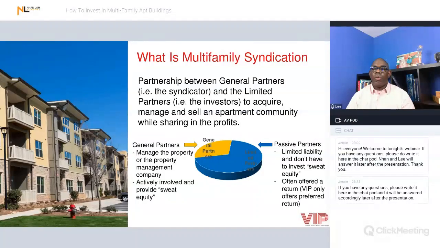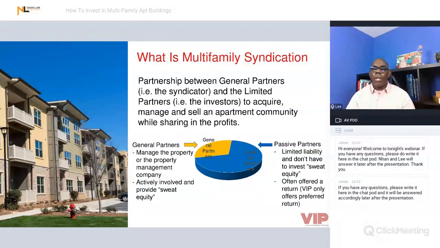They're responsible for conducting and completing all of those due diligence items that we spoke to several slides back. They will be responsible for managing the property and executing the business plan, and actively involved in providing what could be considered the sweat equity. So in order to make that happen, they need a pool of limited partners or passive investors who have a grand bargain.